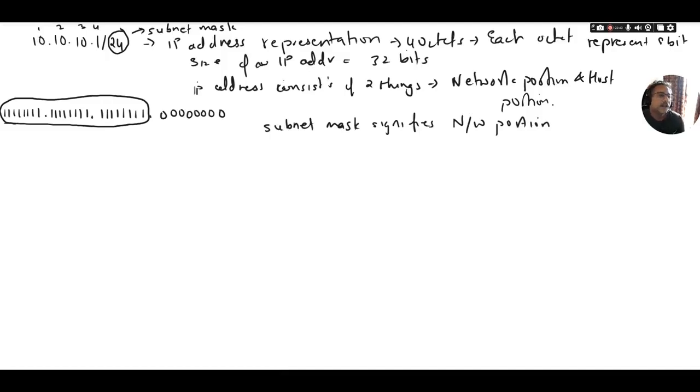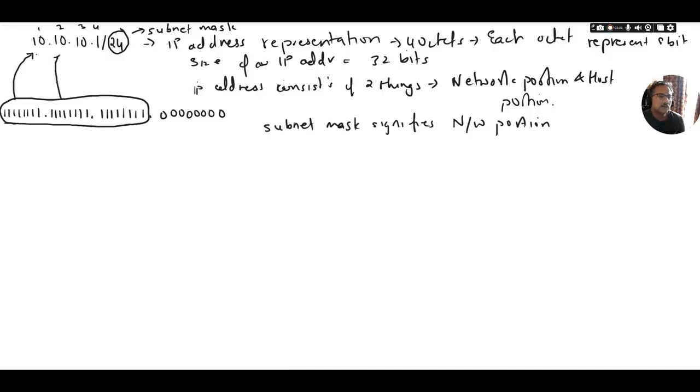The octets which have all the bits on, we cannot change those bits, they are constant. The first octet is 10, so this will not change.